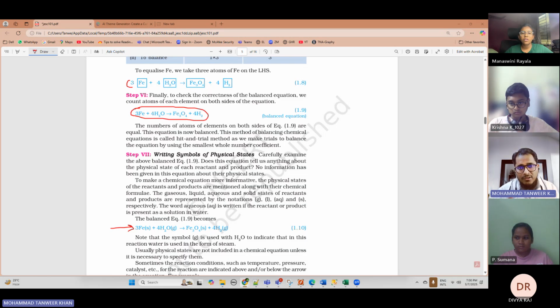So this is H2O, but in gaseous form, and you get it when you boil water. The steam rising from it is H2O in gaseous form. Hope this is clear. Fe3O4 is in solid form, and then H2 is in gaseous form. Clear?